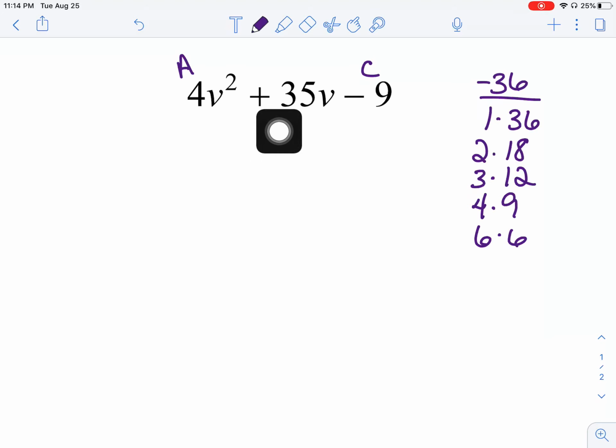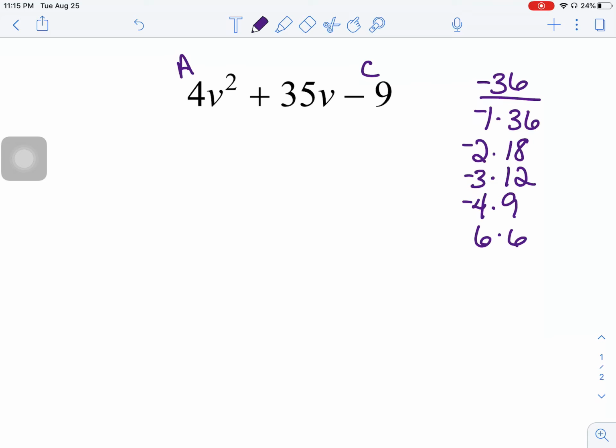In order to add up to a positive, I need the larger number in the pair to be the positive number. So I'm going to make all of these smaller numbers negative. Actually, that last one won't make any sense because they're the same number.